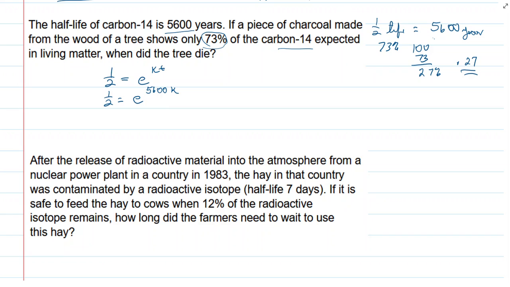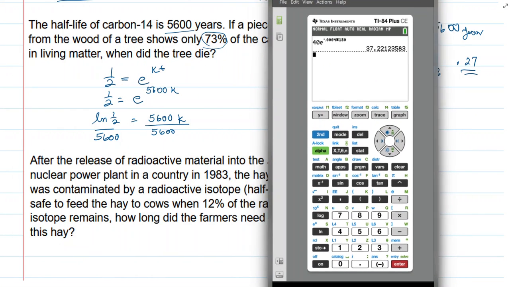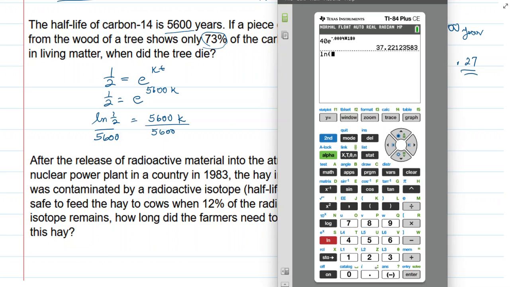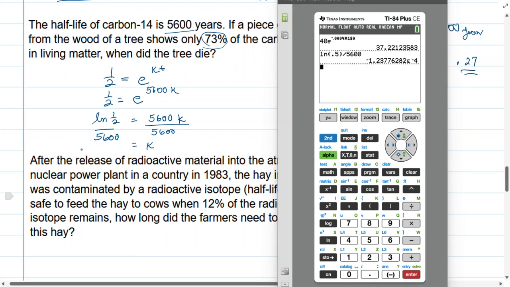Then I'm going to have the natural log, since we're looking for K, so I'm going to divide by that. ln of a half divided by the 5,600 years half-life gives a negative decimal, 0.0001231. So I know what K is.